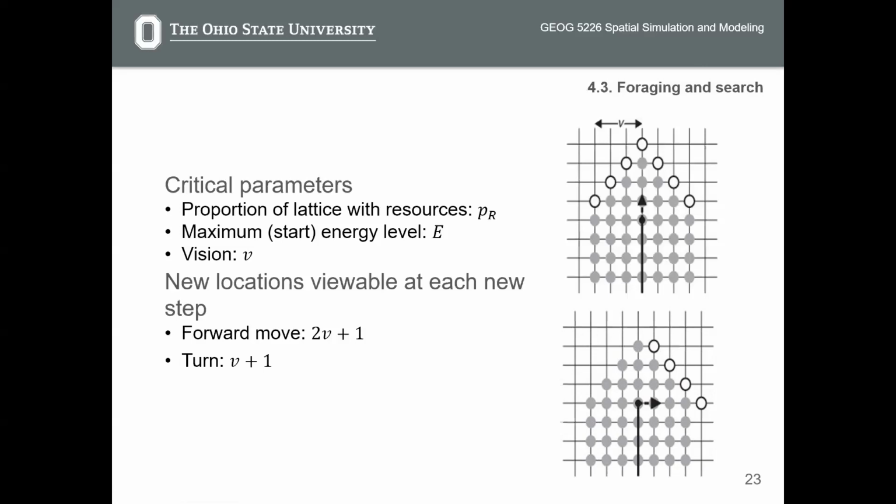Because more new sites means higher probability to find food, right? Obviously, the top one, which means that turning to another direction is a relatively worse decision. It's better to just follow a specific direction and find new sites at each step. After each step, 2 times V plus 1 new sites will be found if you keep moving forward. So of course, this one is better.